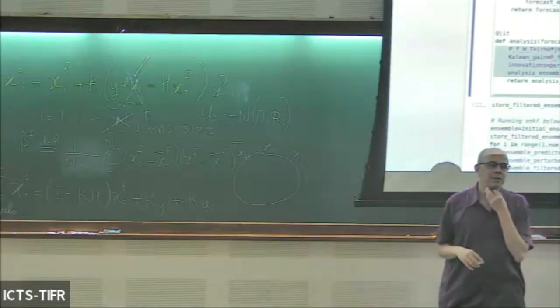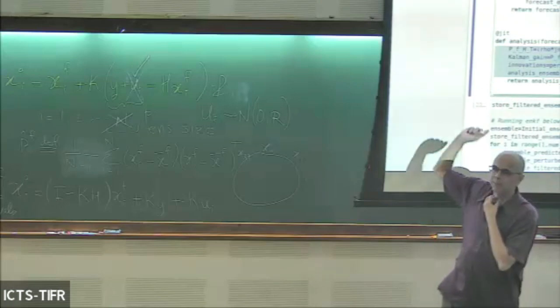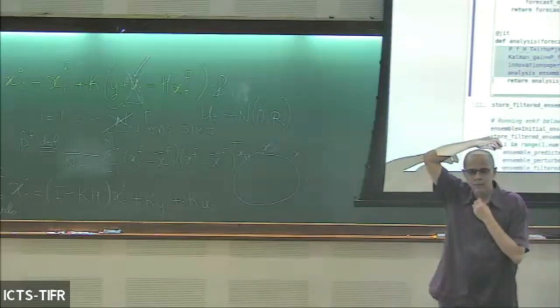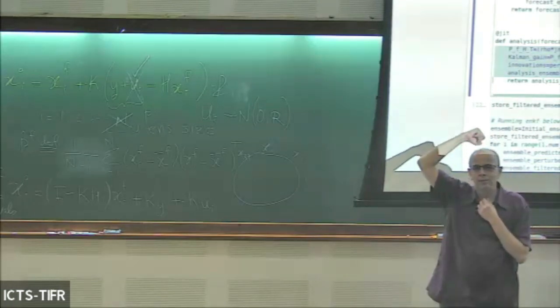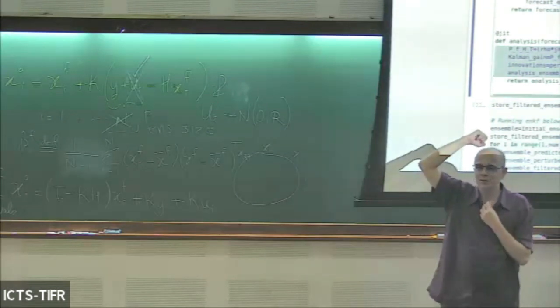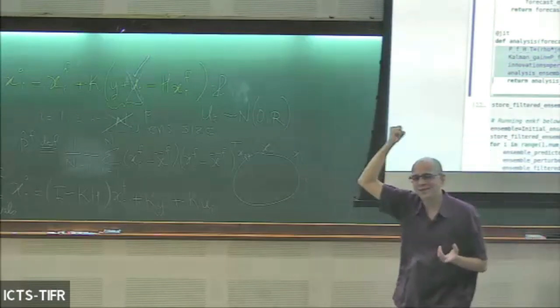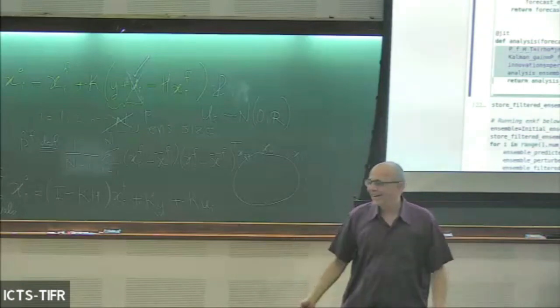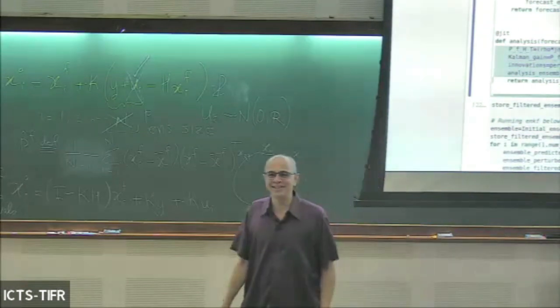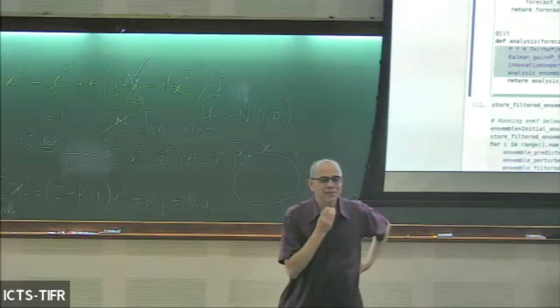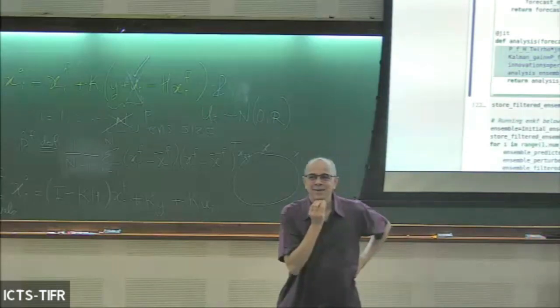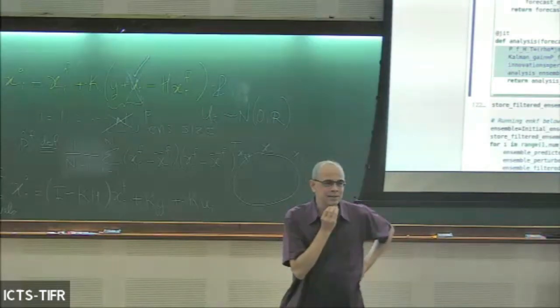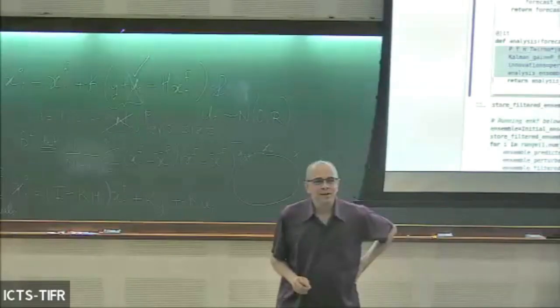What is the dimension of the space spanned in this example? I want a number, preferably an integer. It's a dimension. Sorry. Wait, come on. What's the dimension of the ensemble space in this case? 40. Why is it not 100?